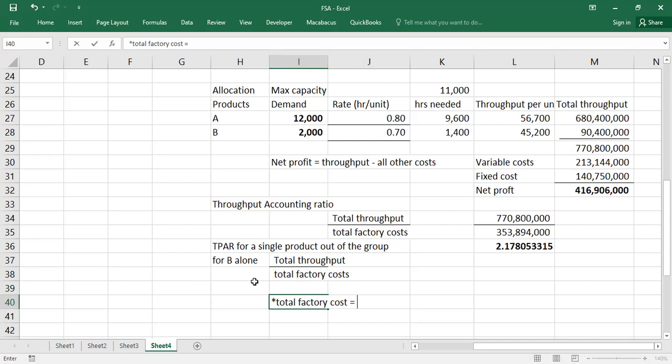It has the variable component, which is given by the 9600 times the number of units that you have produced, which is 2000. Then on it, you add the fixed cost of this 170M. However, we said this 170M is for both products. So for B, you're going to divide by 11,000, which is the maximum hours for all the products, then times only its part, which is just 1,400.